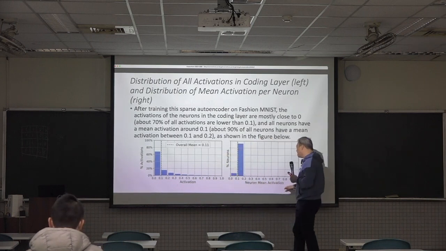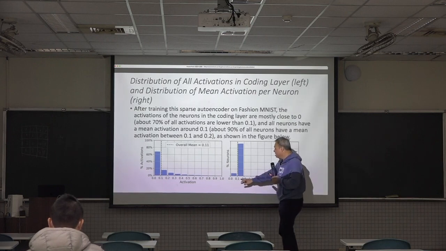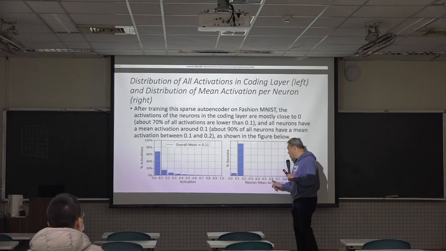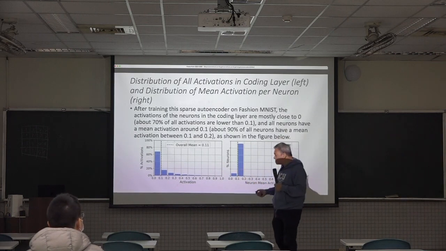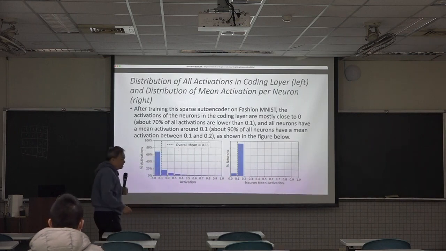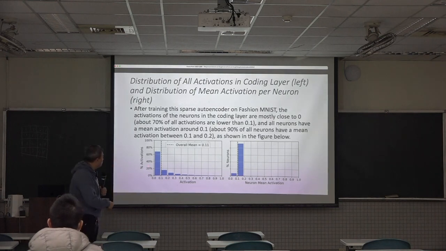This one just means the neuron mean activation, and you can see most of them have an average of about 0.1. So this just shows you that the sparse autoencoder is doing a very good job.